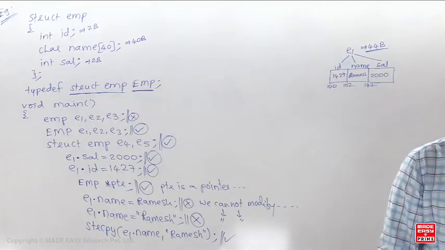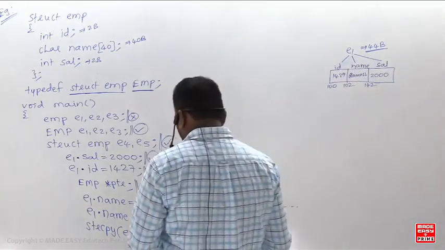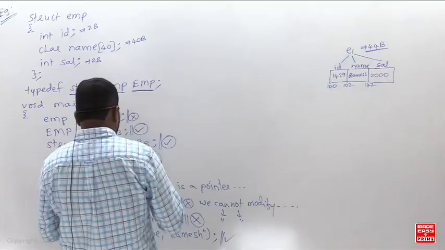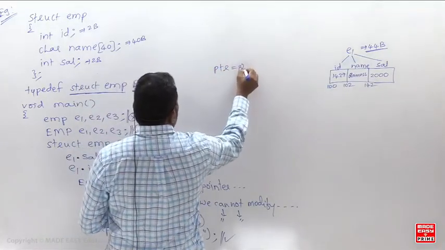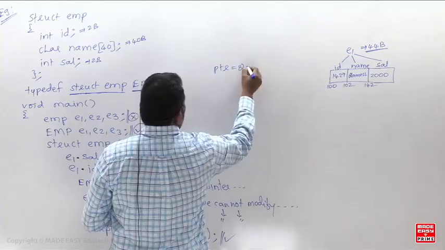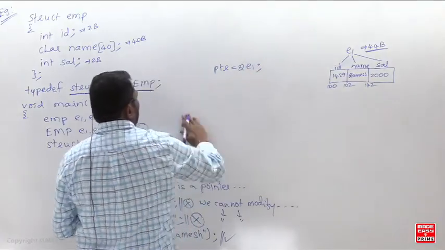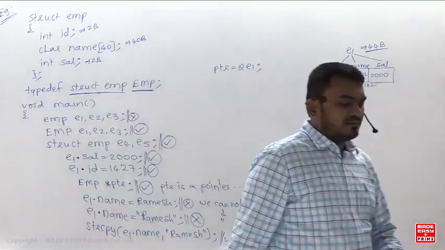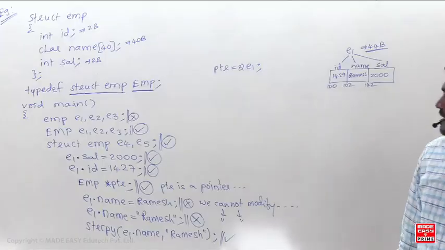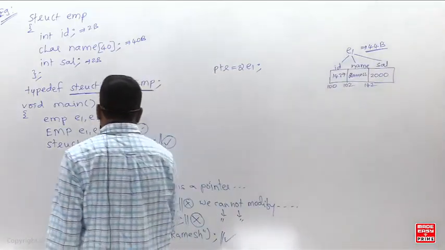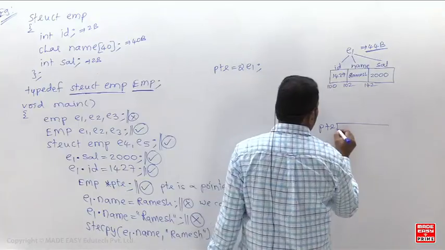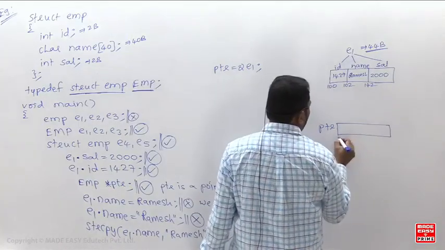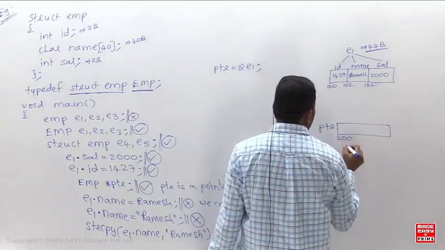So next, listen carefully, next continuation. If I write ptr equal to address of E1, tell me, is this allowed or not allowed? ptr is just a pointer variable, let's say this also has some address, 200.